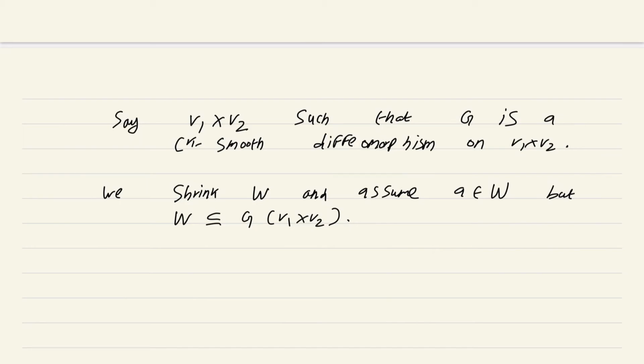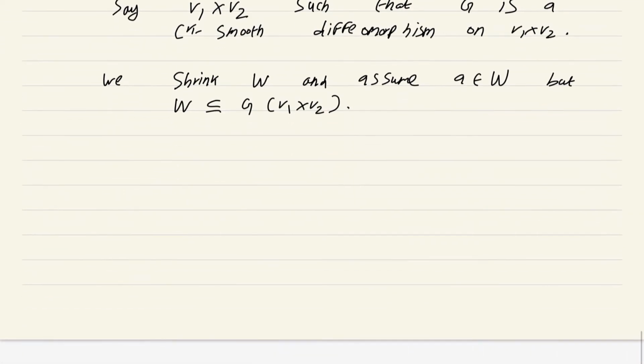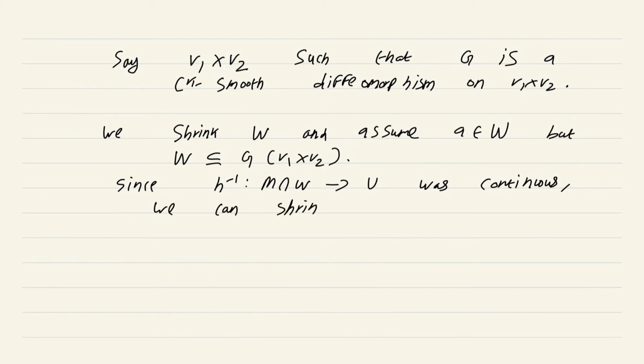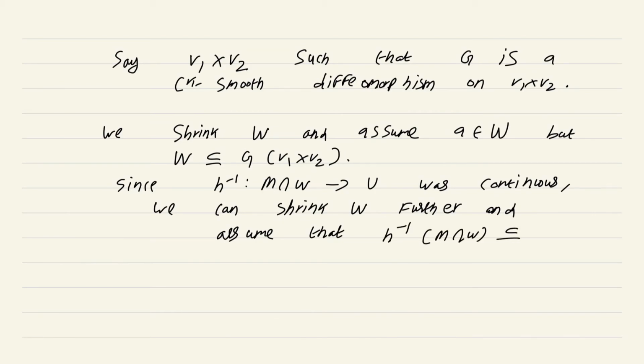Now what we are going to do is we need to invoke the fact that H inverse is also continuous. Since H inverse from M intersection W to U was continuous, we can shrink W further and assume that H inverse of M intersect W is fully contained in V1.